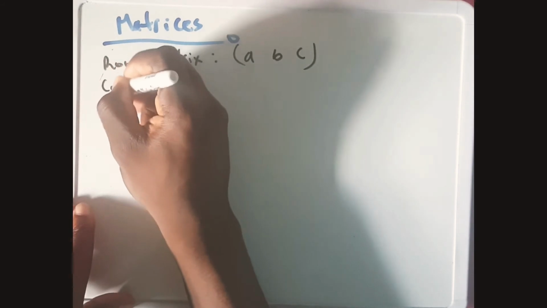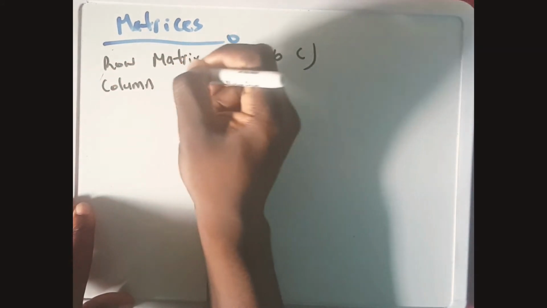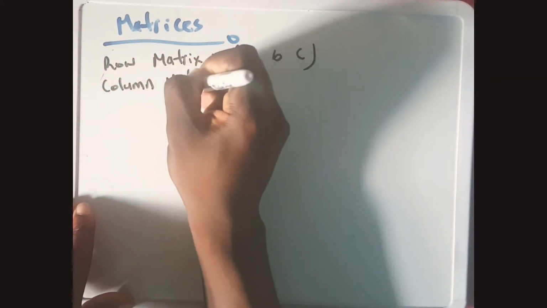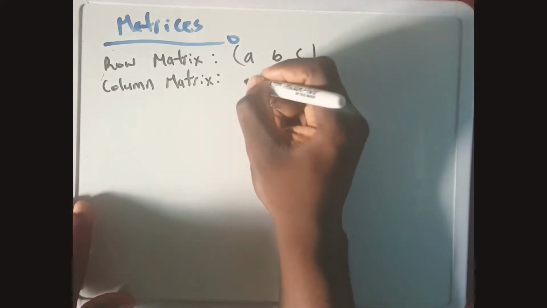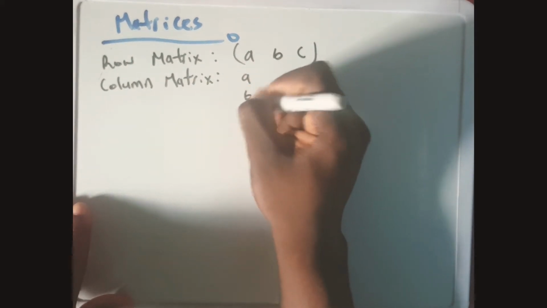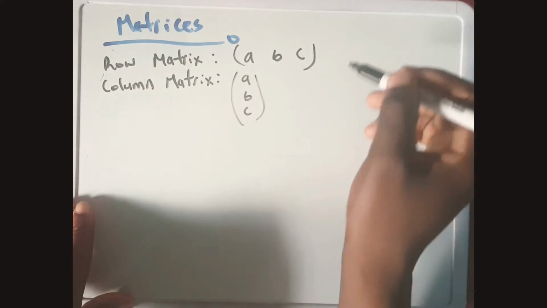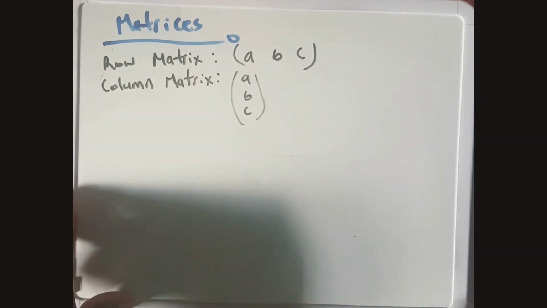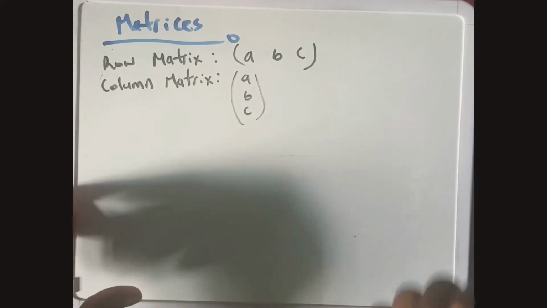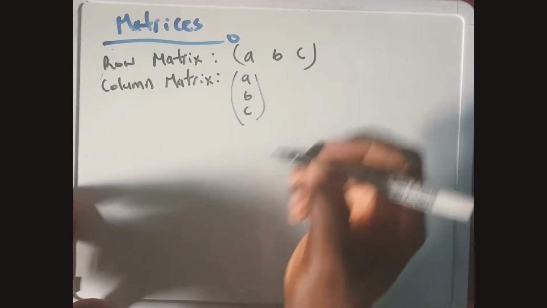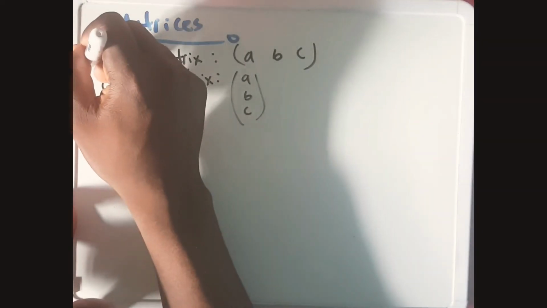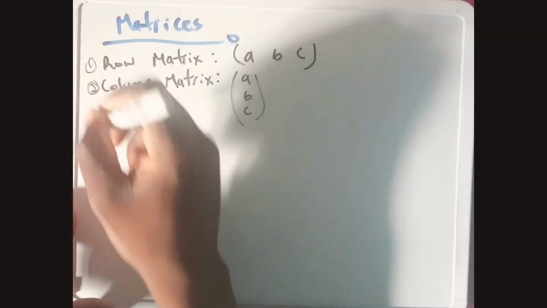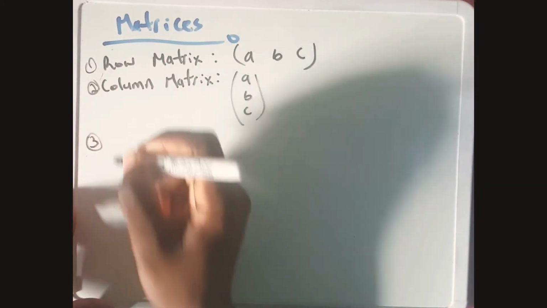The column matrix would be A, B, C in a column. So they are self-explanatory. A row matrix is only one row, a column matrix is only one column of elements. Next, let me number them. So 1, 2, now 3.